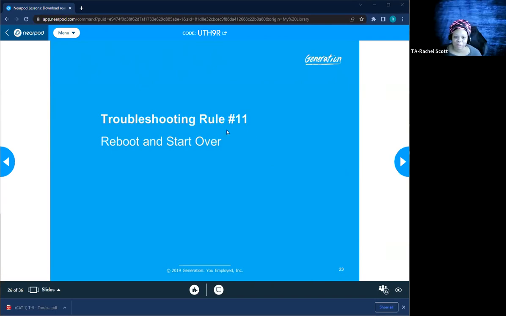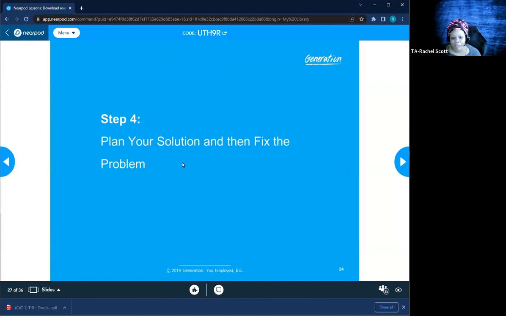Okay, troubleshooting rule number 11, reboot and start over. This has fixed many things for me. Rebooting, starting over. Step 4, implement your solution and then fix the problem.